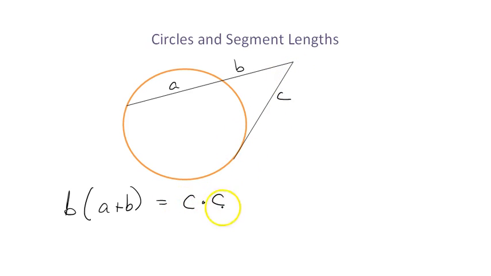So in that case, that becomes C squared. And so you'll see that in some books as a totally different formula. But if you learn it as outside times whole equals outside times whole, you only have to remember one formula there. That's when the lines are crossing outside. Again, when they cross on the inside, it's that multiplication formula that we discussed originally.